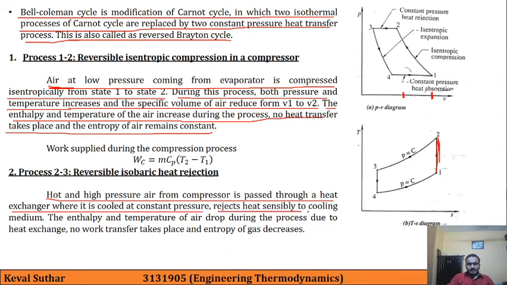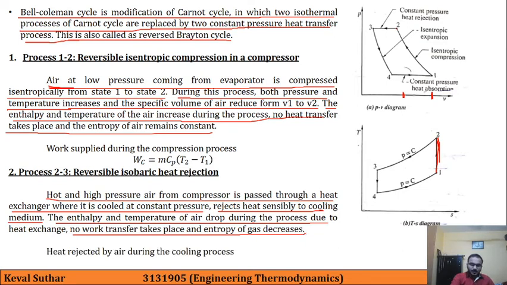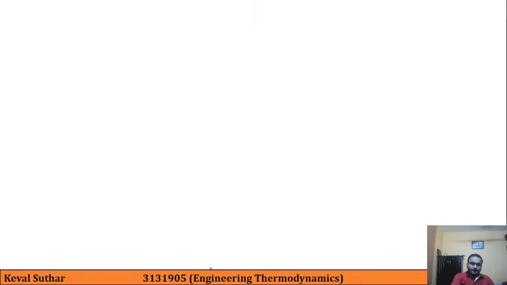It rejects the heat sensibly to the cooling medium, that was shown in the schematic diagram, to the cooling water, and then the enthalpy and temperature of air drop during the process because it is a cooling process, and no work transfer takes place, and entropy of the gas decreases because of the reduction in temperature. So heat rejected is given by QR is equal to mCp (T2 minus T3).